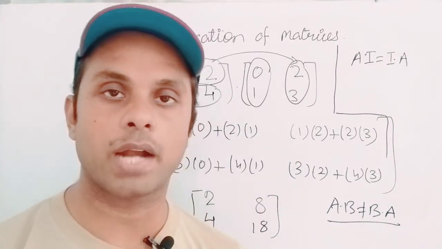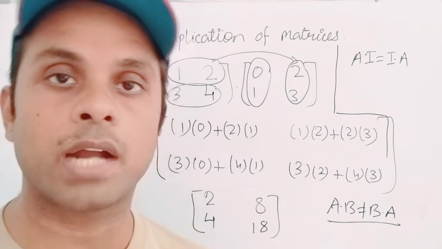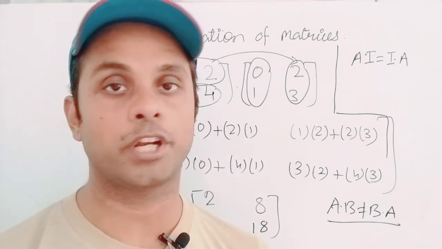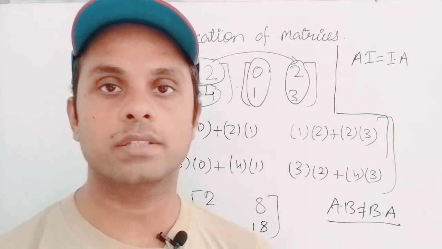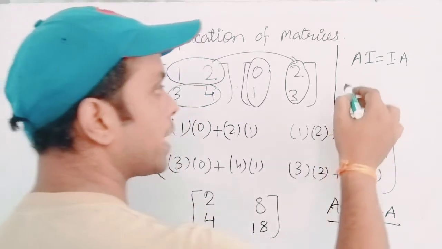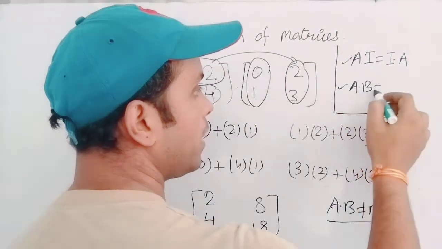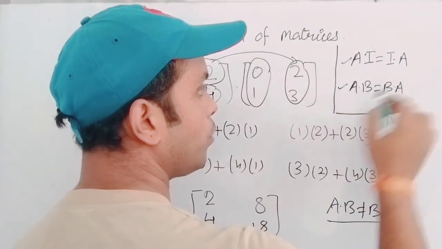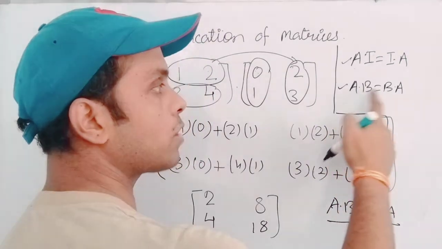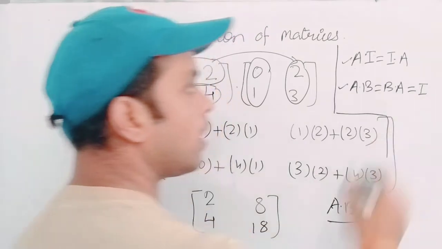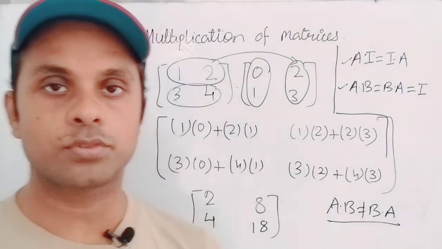If you multiply a matrix with identity matrix, then that product is commutative. Otherwise, no. What is the second condition? Second condition is A into B is same as B into A. Means multiplication is commutative if their product is identity. That means what?